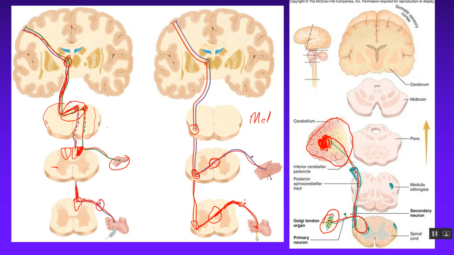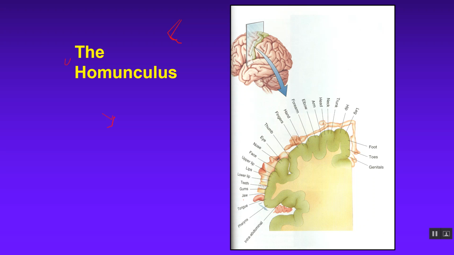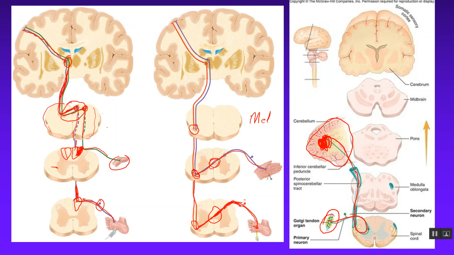However, if I have damage, if I just had something I could point to up here, I wish I had a screen up here. If I have damage to this, this would be the right side of my brain. In that sensory area, I'm going to have left-sided problems with proprioception.